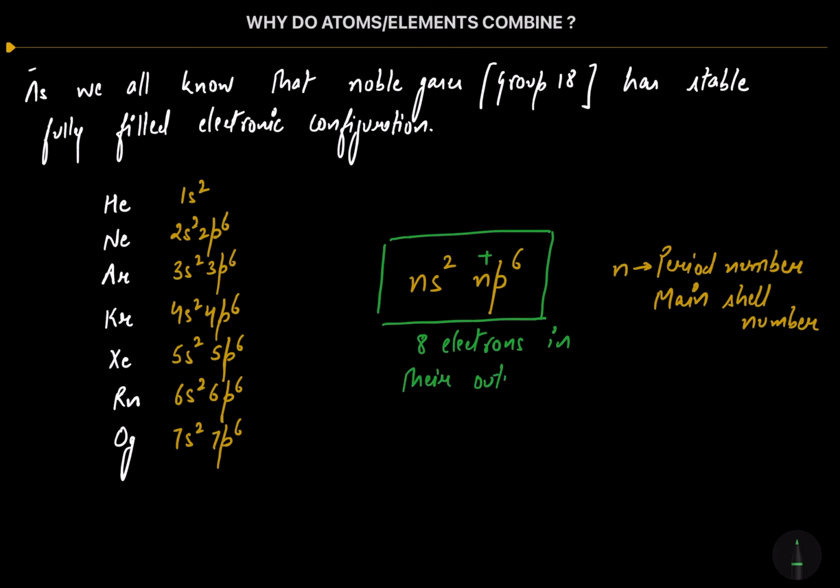Every element of the periodic table tries to attain the stable, fully filled electronic configuration of the nearest noble gas. So that's the main reason why atoms or elements combine.